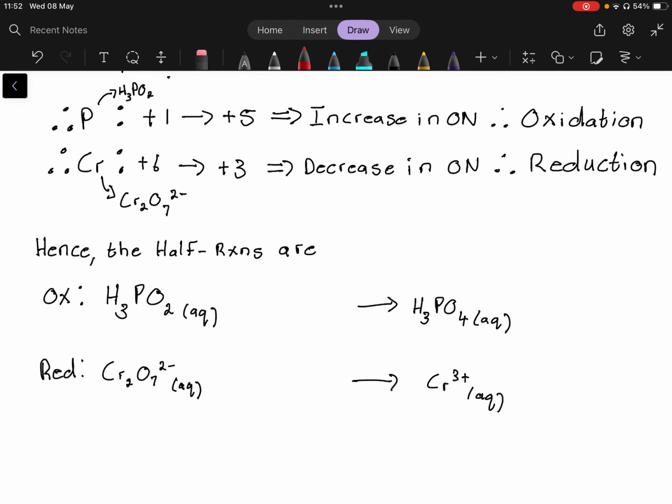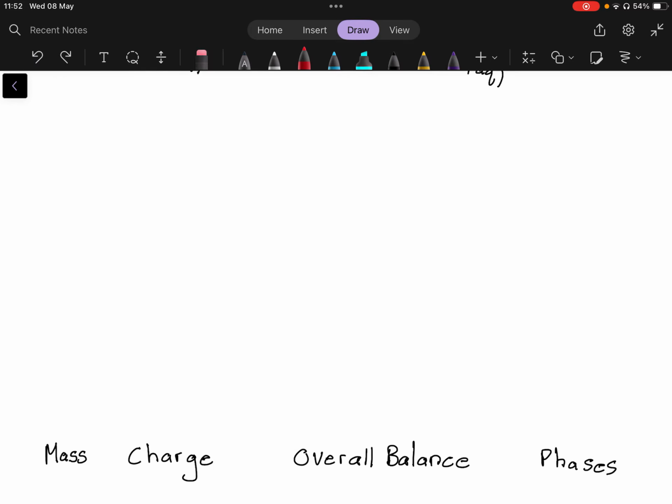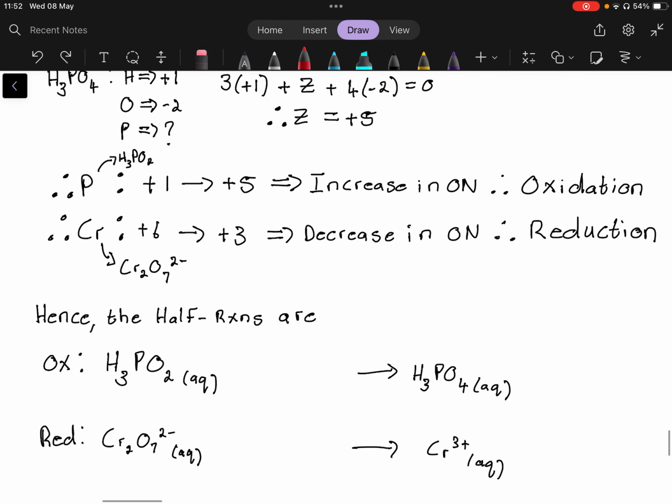I'm going to do that in red. So in this first half reaction, we see H3PO2 and we see H3PO4. So how do we balance reactions? We first look at the non-hydrogen oxygen species, then we balance hydrogen, then we balance oxygen.